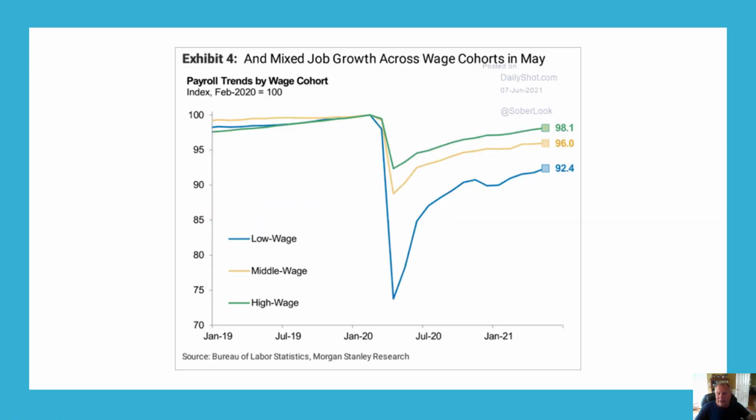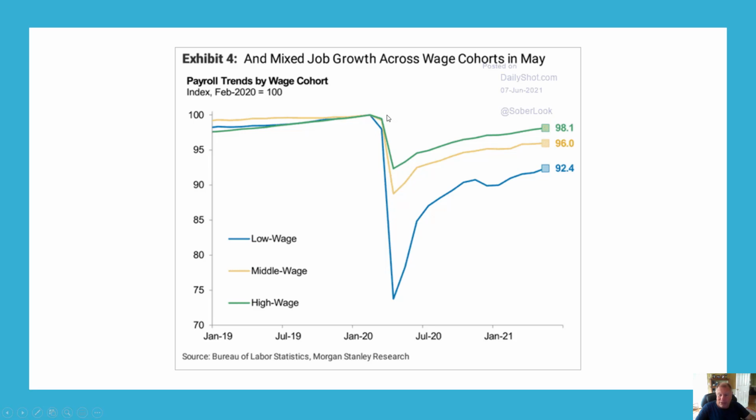And I thought I'd throw this in just for fun, and I don't think it's any surprise. If you take people and you break them into high wage, middle wage, low wage, what you find is, if 100 is January of 2019 and we're going along there, everybody's pretty much holding their own, and here's COVID.